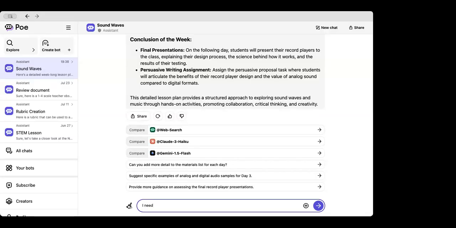But also, this is what David is doing, and see how engaged he is. But the amount of time that we're cutting because of Poe is amazing. And you, as the teacher, can prompt Poe, which is what David is doing right now, to get exactly what you want out of that question.